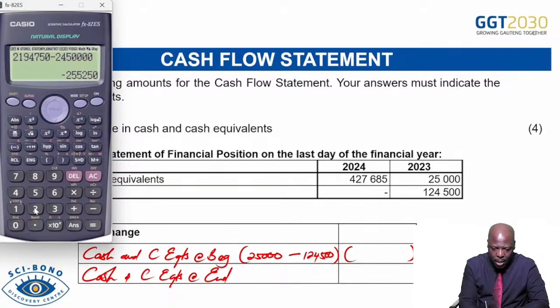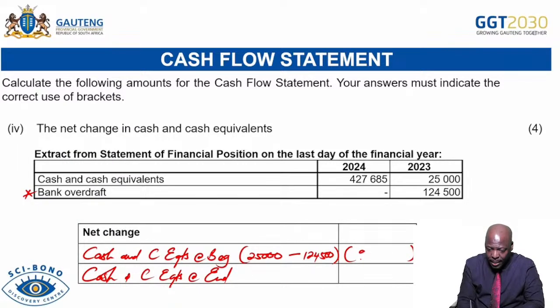So let's punch it in. You get 25,000 in 2023, then minus 124.5, and then you get 99.5, so 99,500.